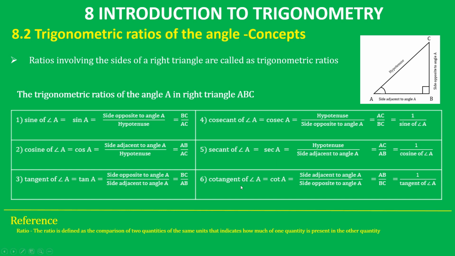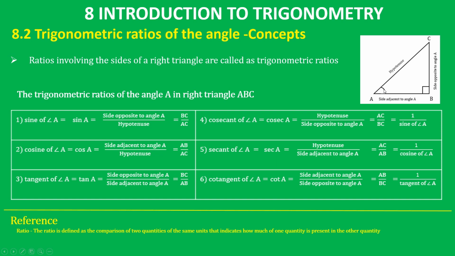Let us go to the last ratio. They defined a ratio: side adjacent to angle A divided by side opposite to angle A, that is AB by BC. See, these ratios are always in relation to a particular angle. Which angle have we considered here?